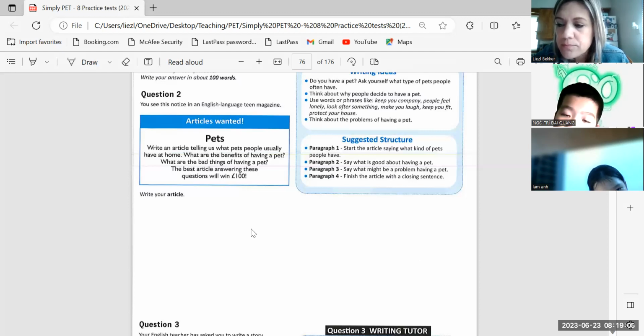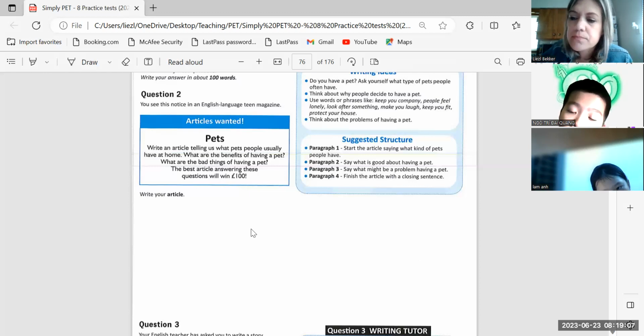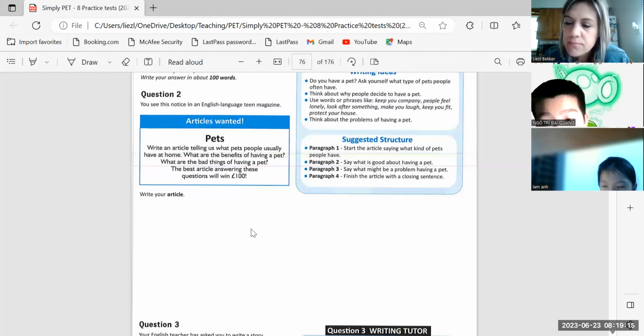People of all ages like having a pet. The pets are a dog, a cat, some birds, and also a snake.